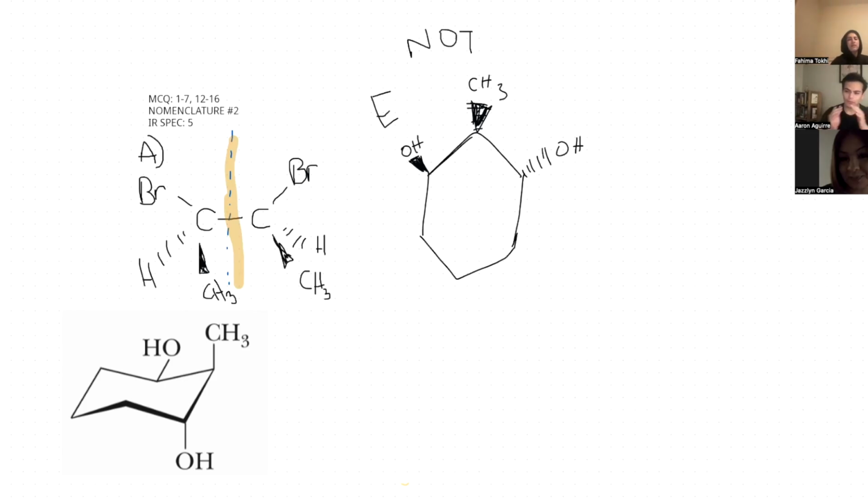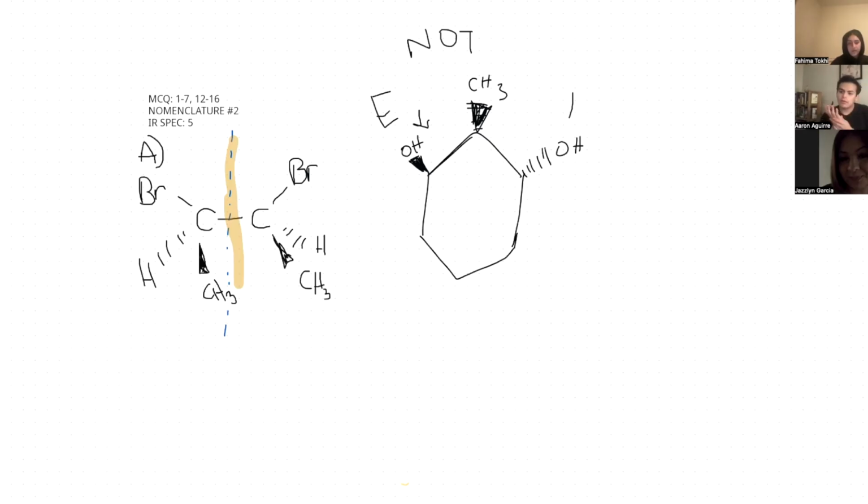This means it's facing towards me, and this is behind the structure. If I flipped it, this would still be behind the structure and this would be up in the front. D was meso, and E is not meso.